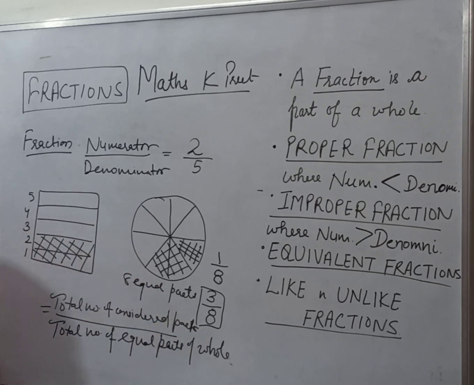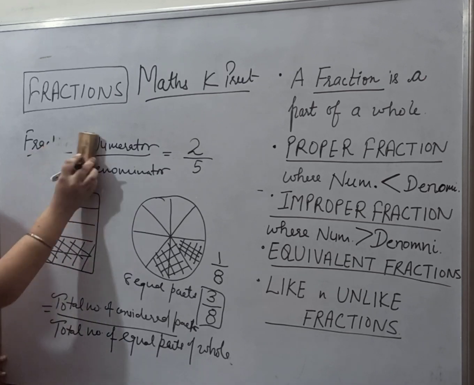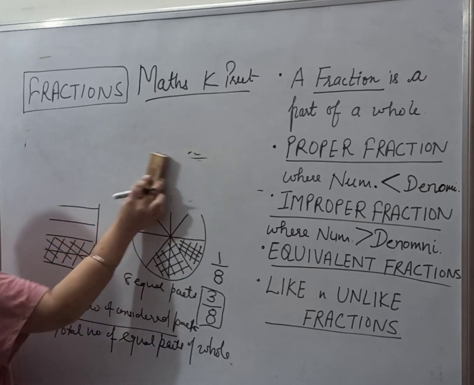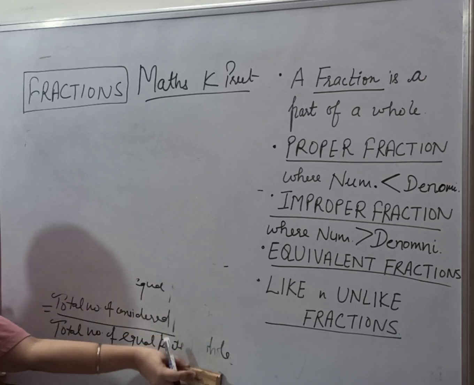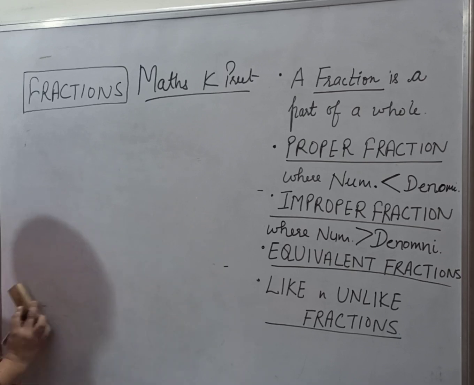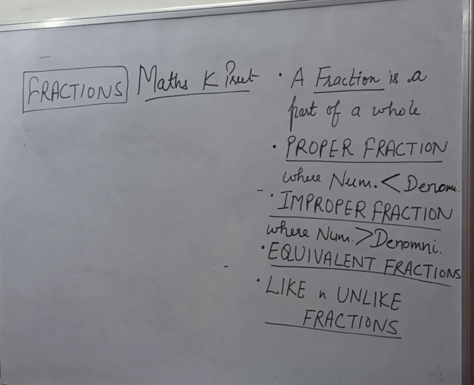So this always gives us a fraction. Next is the first type, proper fraction. What is a proper fraction? A fraction in which the numerator is always less than its denominator is known as a proper fraction.